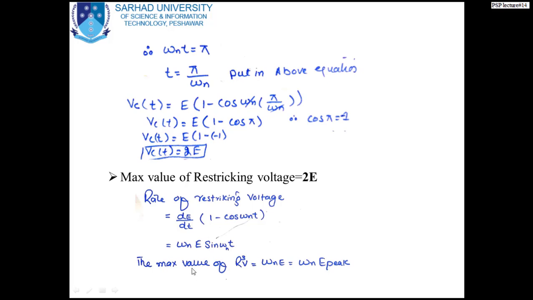So the maximum value of the rate of rise of restriking voltage will occur when sine omega n t is equal to 1. So the maximum value of RRRV is omega n E when sine omega n t is equal to 1. And you can calculate also the angle, that is omega n t is equal to pi by 2. From this you can obtain the value of time at which it will have a maximum value.